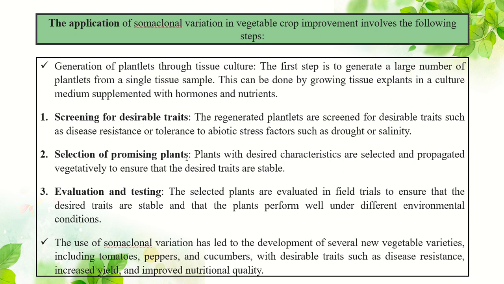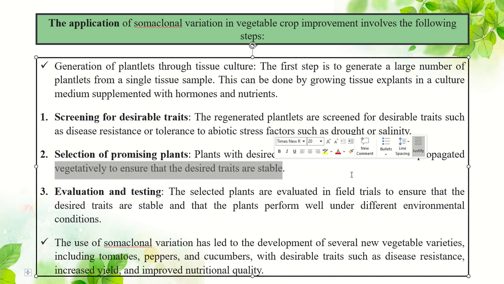Then selection of promising plants. Plants with desirable characteristics are selected and propagated vegetatively to ensure the desirable traits are stable. Now, how can you select promising plants? After shoot formation, you can see the structure of the leaf also, morphological data, through which you can select the plant that survives in this condition.